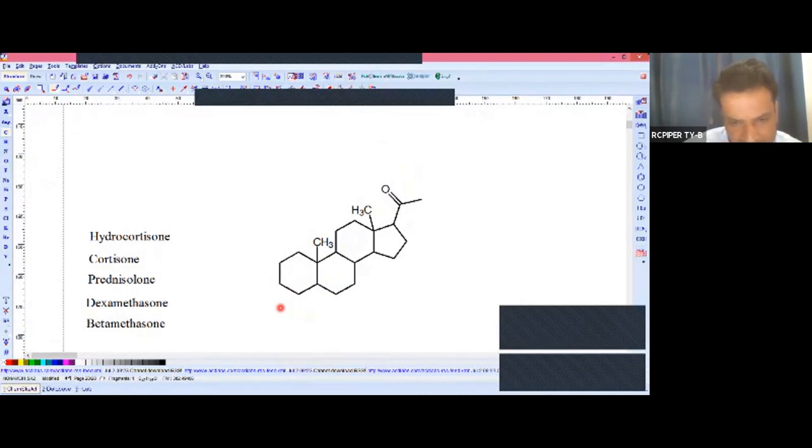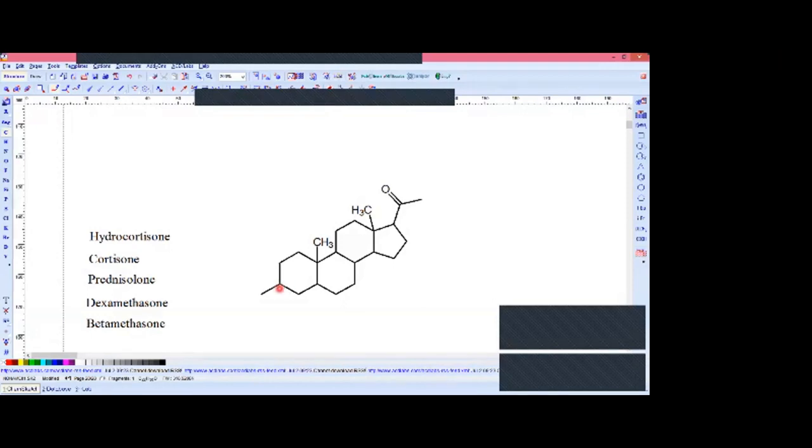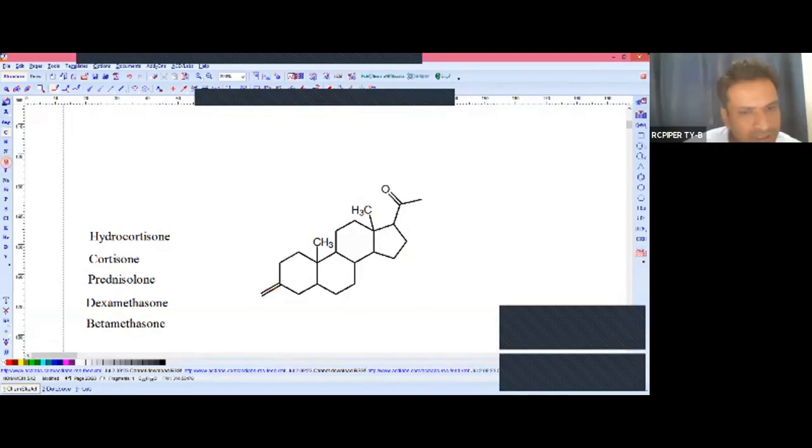Carbon number 3 in progesterone has a carbonyl group, and a double bond is present at carbon number 4 and 5. Now you can convert this structure into hydrocortisone. When we want to convert this structure into hydrocortisone, we want 3 hydroxyl groups to be substituted.